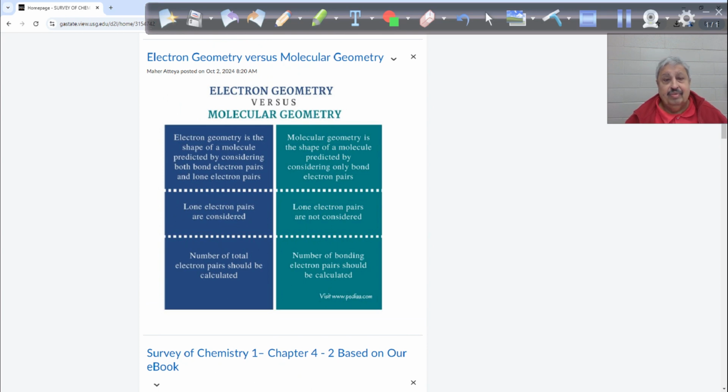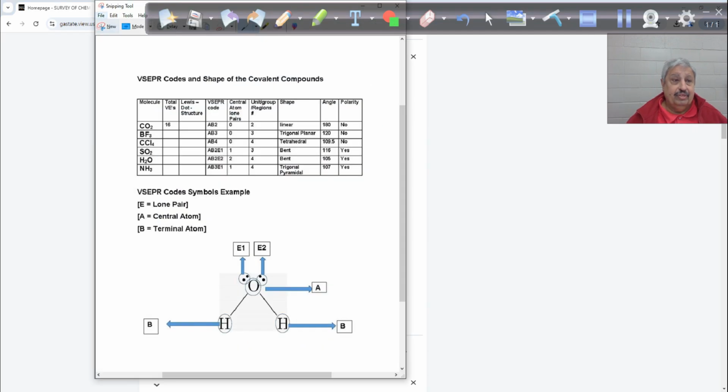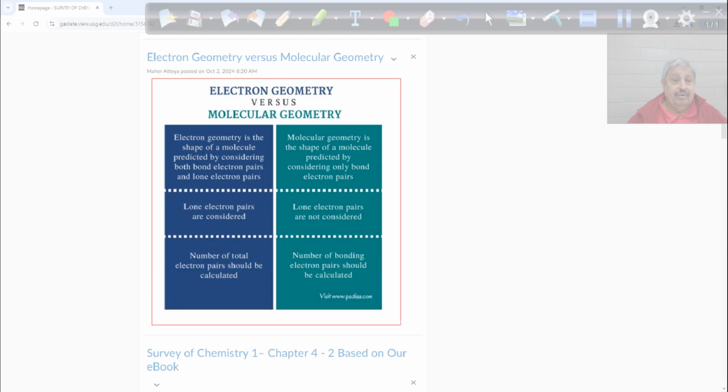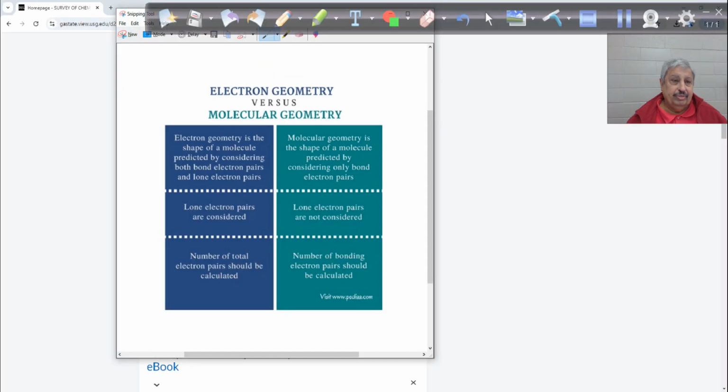Okay, so let's take a snapshot of it. We'll not worry about it too much because we will be dealing with the molecular geometry, not with the electron geometry.